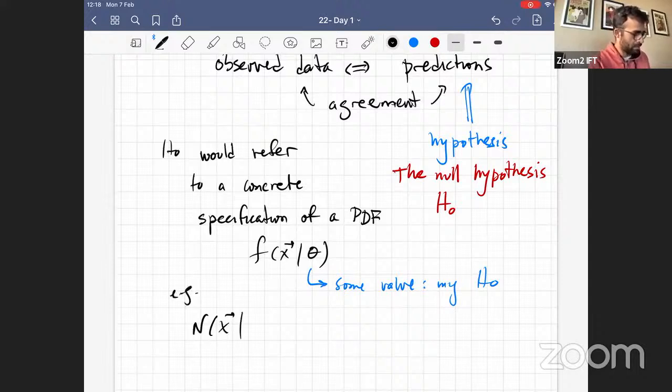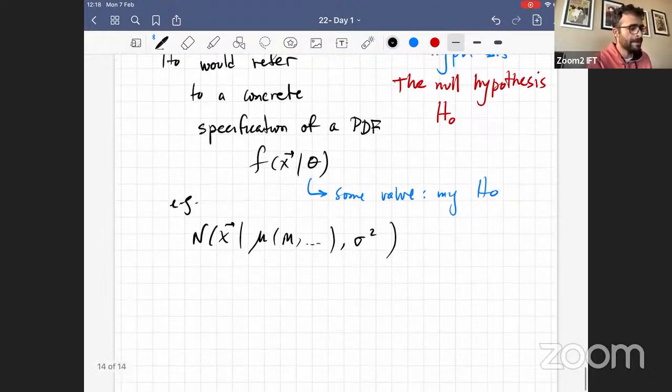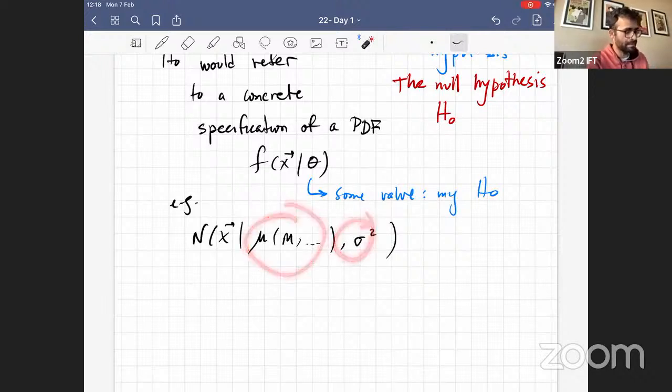So this can be, for example, mu of some parameter m. You can have more parameters here. You can have the variance of mu. So the null hypothesis is the specification of all of these.